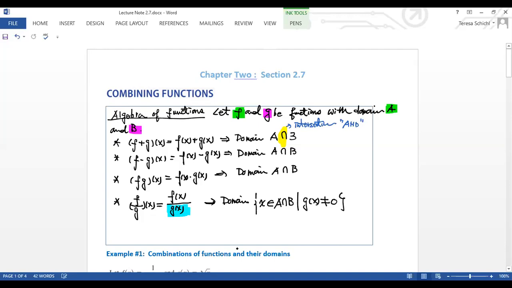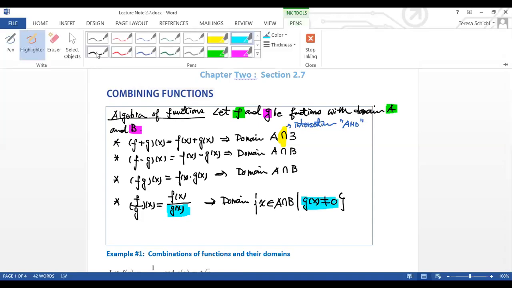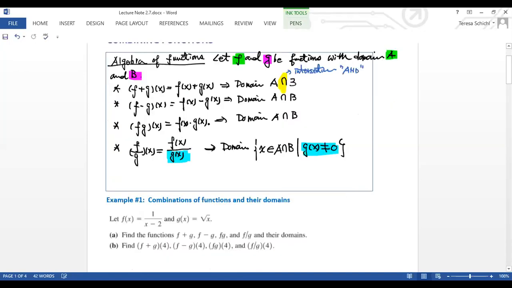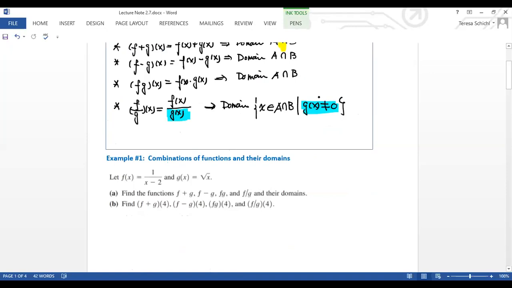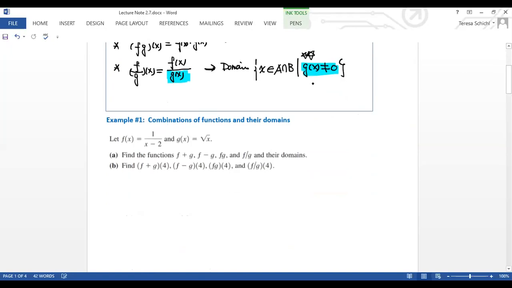From the previous section, we know that if you have a fraction, the denominator cannot be equal to 0. That's why we need to add this condition. This is pretty important, so don't forget about that. If you put f(x) in the denominator, then you need to exclude the values where f(x) equals 0.